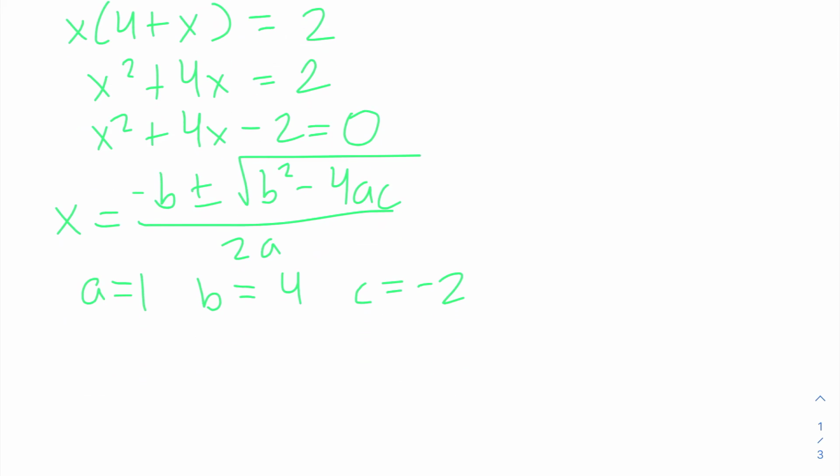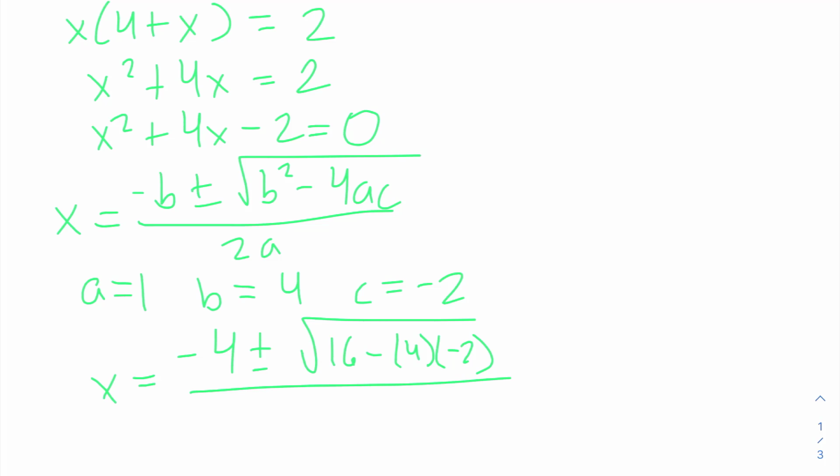So, x is equal to negative b plus or minus the square root of 16 minus 4 times negative 2, divided by 2, which is negative 2 plus or minus the square root of 16 plus 8, which is just 24, over 2.